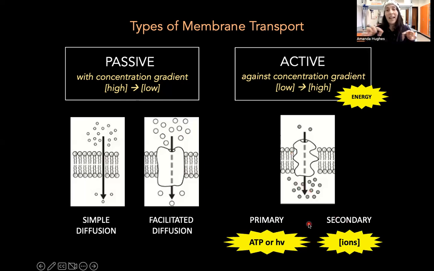And then secondary active transport, again, moves something against its concentration gradient, but uses the help of ions to facilitate that movement. So instead of breaking a molecule of ATP for energy, it's going to use an ion concentration gradient to help move something. And we'll see examples in a second of all of these.